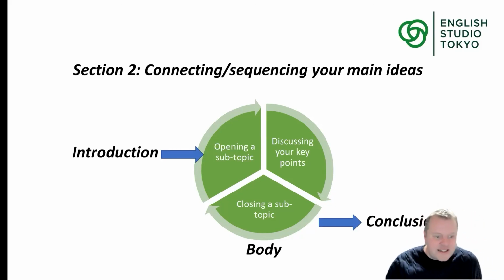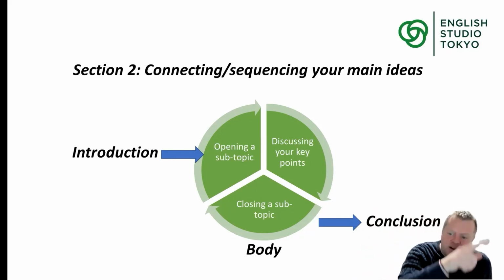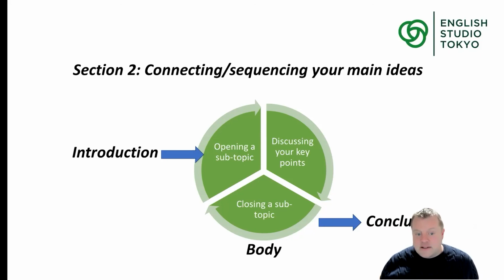So that's really the logical structure: introduction, open the subtopic, discuss key points, close it, open, discuss, close, and keep going around. This image here gives you a nice flow chart to understand how to organize your presentation when you get into that main part.